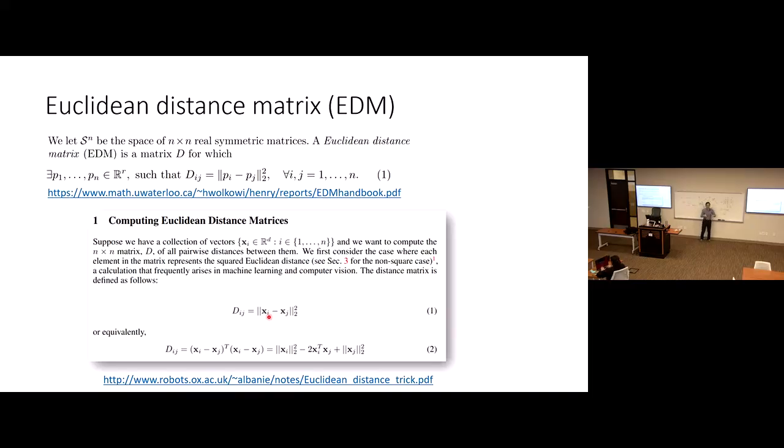You only compute one side of this squared matrix. So the D is called the Euclidean distance matrix. Is that clear? No.